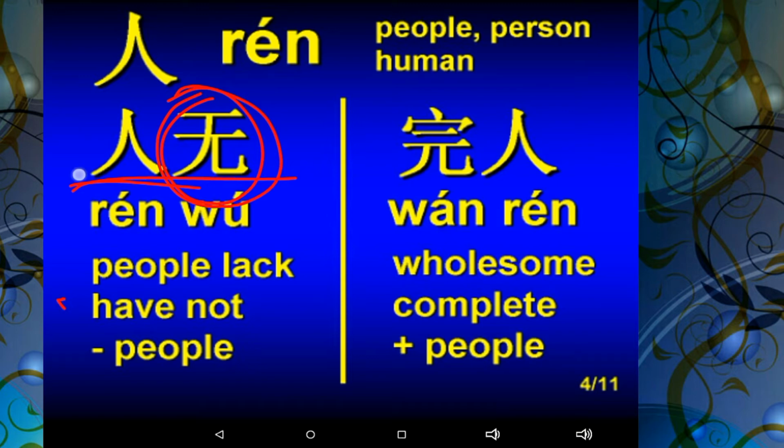And when we use it with the Ren character, in a two character combination, it comes out Ren Wu, but it also means people who lack, people who do not have. And unfortunately, it even means negative people. So this could even mean negative people.